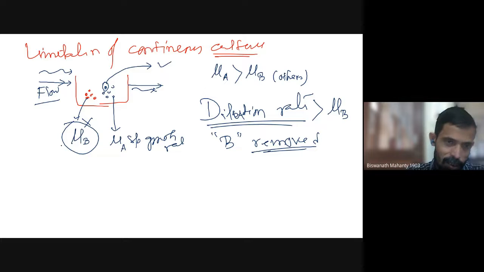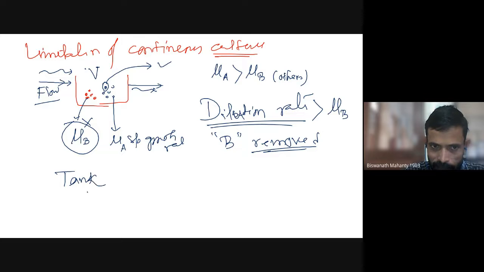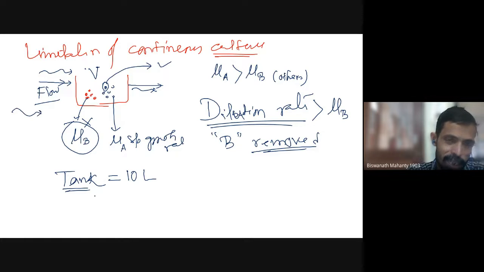First of all, the tank volume is, for example, V, and the flow rate is, let me say, for example, I am having a tank. Please listen to this example carefully. I am having a tank of 10 liters, and the feed you are providing is 2 liters per minute.